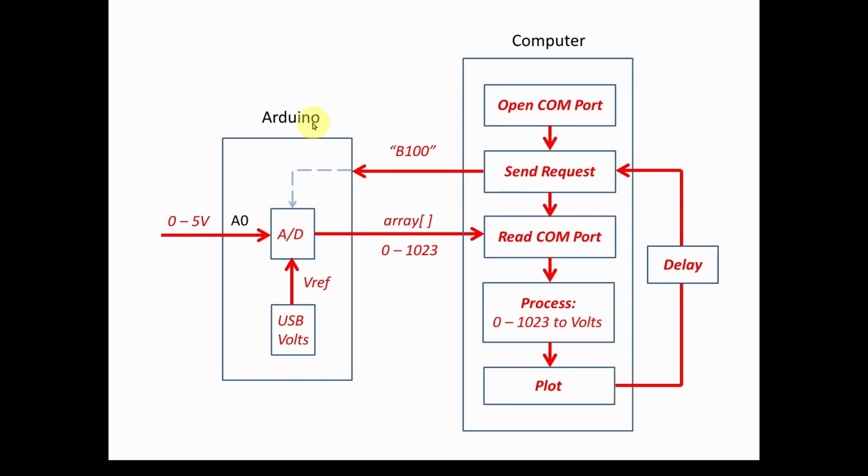Well, if you look at the Arduino in this block diagram, the main functionality in the Arduino is this analog to digital converter, which takes the 0 to 5 volts in and converts it to a value from 0 to 1023. And you can simulate an analog to digital converter in LTSpice if you want to learn how the things work and what to expect.